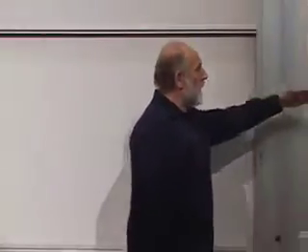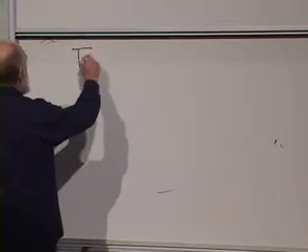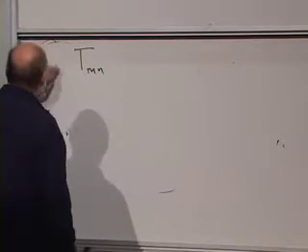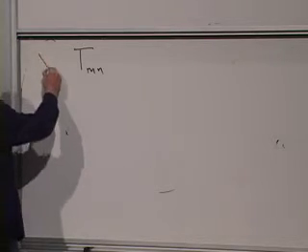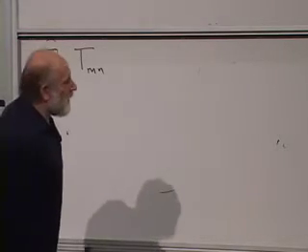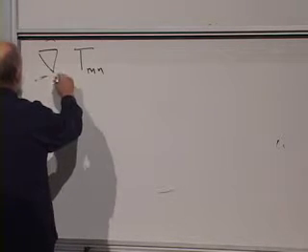Let's take some tensor, not necessarily this tensor over here, any tensor, with two indices, for example Tmn, and suppose we want to find its covariant derivative.